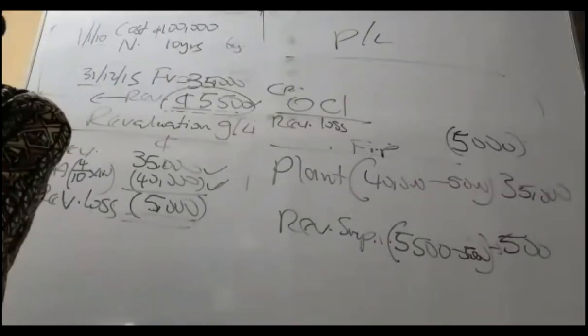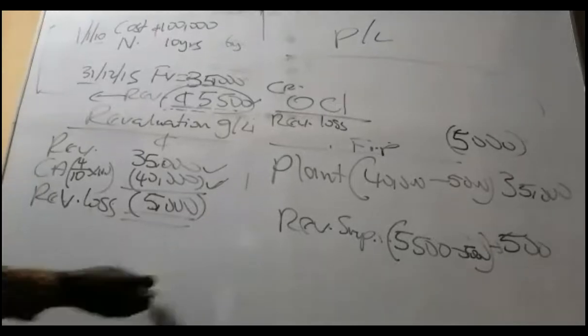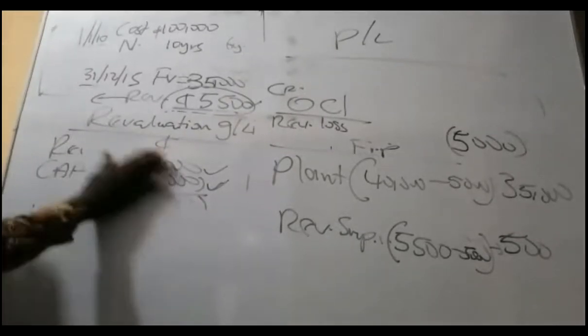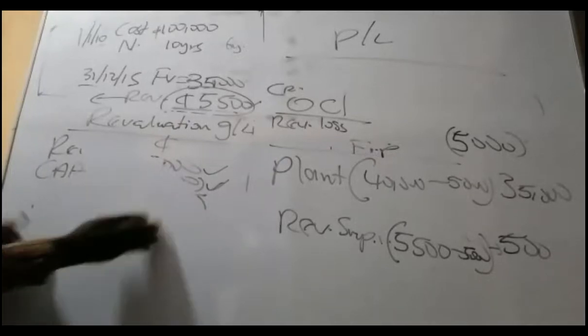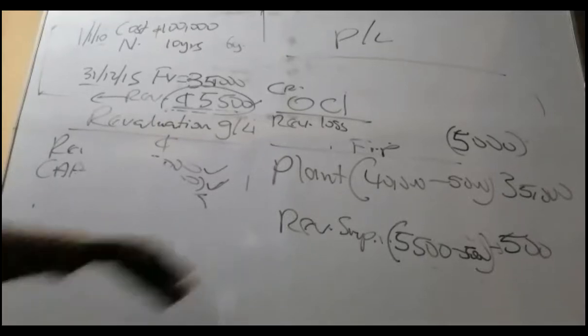So let's go to the board. It suggests that the value of the assets previously was 15,000. That's the land.